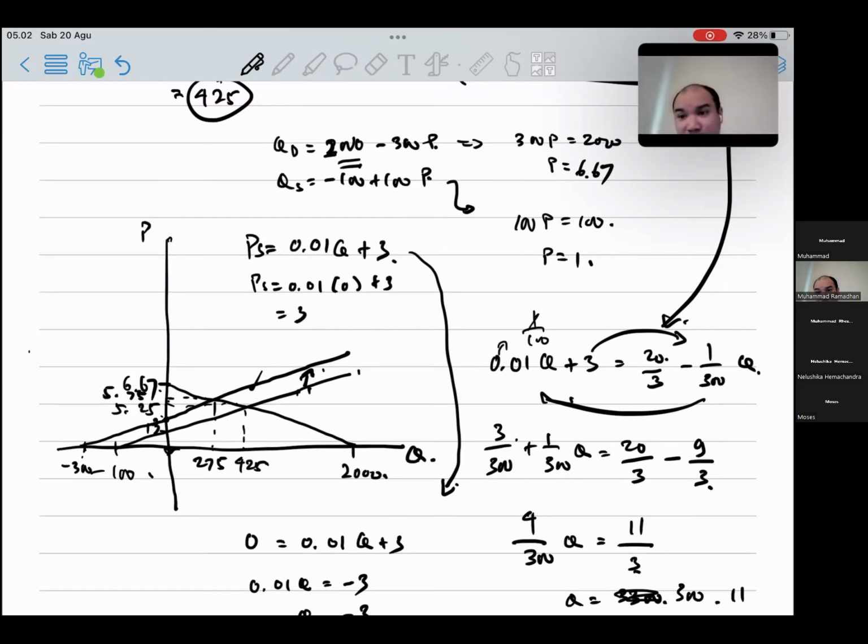We have a demand curve, and we also have a shift of the demand curve to the right, and we want to know what's the difference of slope between the two graphs. Okay, the slope.